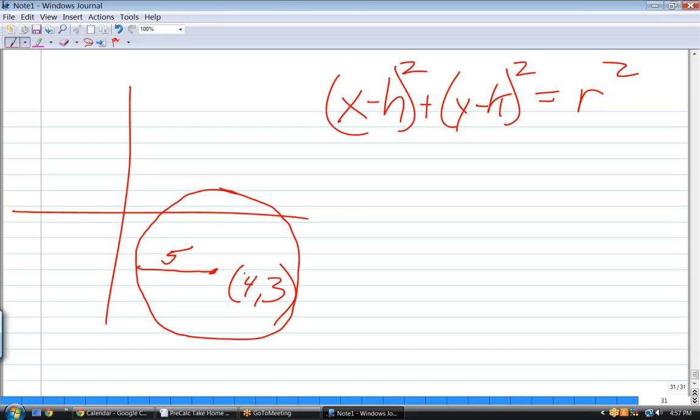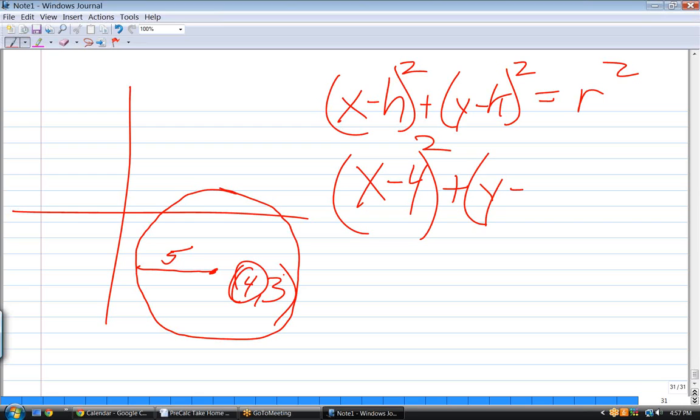So if I want to translate our circle to a proper equation, I would say x minus 4, the x-coordinate, quantity squared, plus y minus 3, the y-coordinate, quantity squared, equals the radius, which I know to be 5. So there's the equation of my circle.